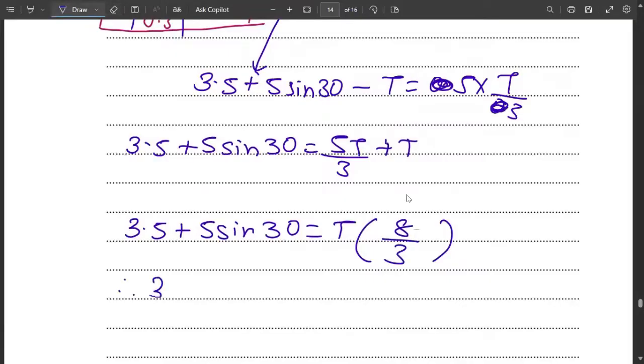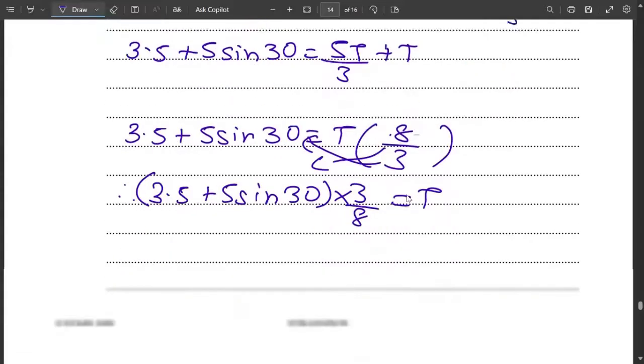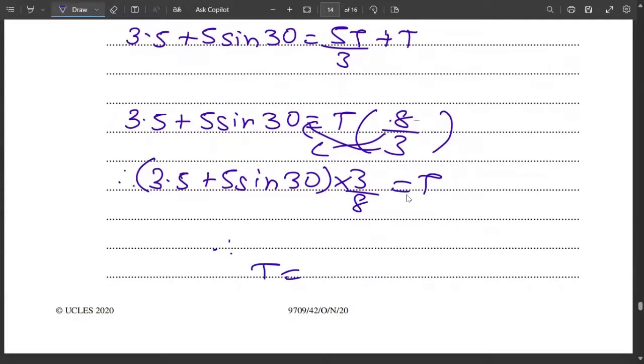Therefore, 3.5 plus 5 sine 30 into 3 upon 8, 3 goes up, 8 goes down, my bad, is equal to T. Now, putting this in the calculator, the value for tension I will get is 3.5 plus 5 sine 30, answer into 3, answer upon 8. The tension is 2.25 Newton.